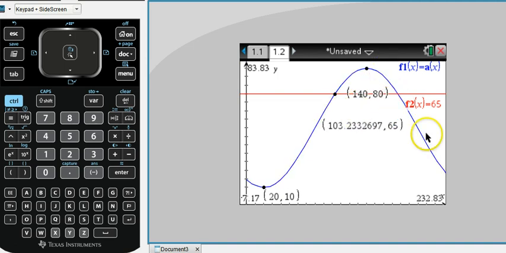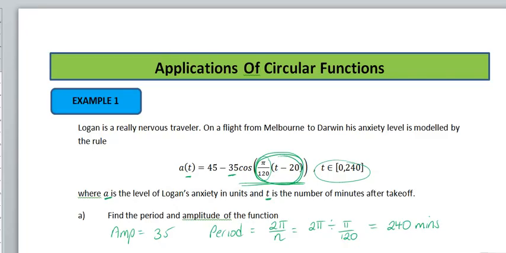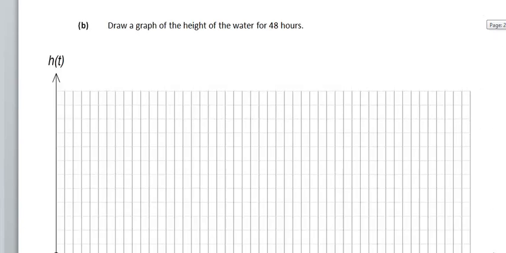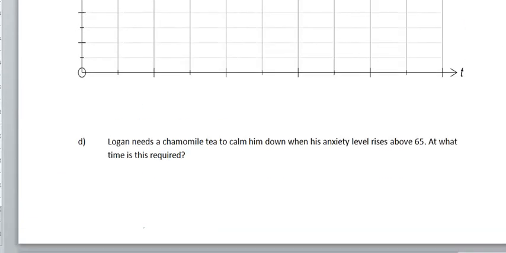So the time is 103.23 minutes into the flight is when his anxiety level is going to be 65 or more. So then you would go back to the question and answer according to the appropriate units. So we had an answer of 103.23 minutes.